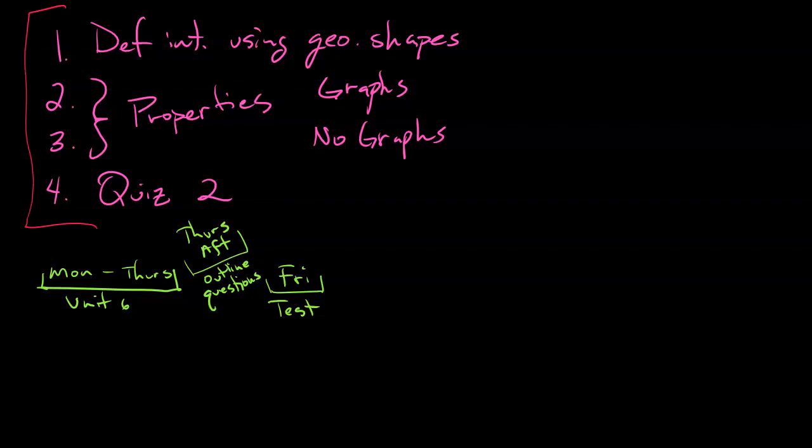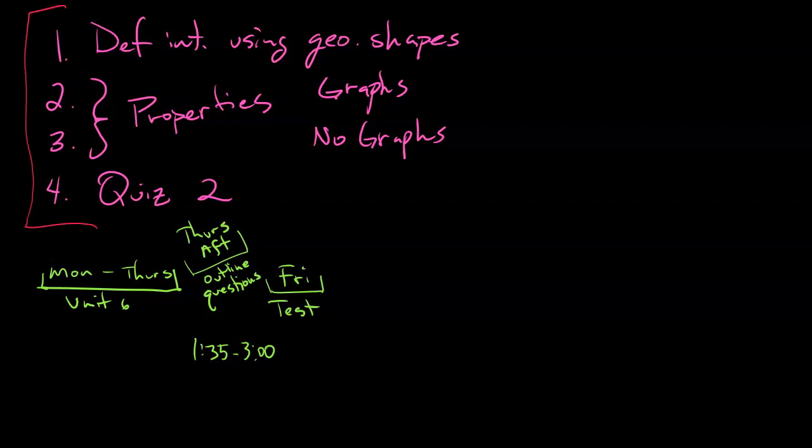I thought what I might do is do that on Thursday, and then just basically answer any kind of questions you have on the outline. I know some of you are worried about getting home, so I'll just go till 3 o'clock or something. Just answer any questions you have on the outline.